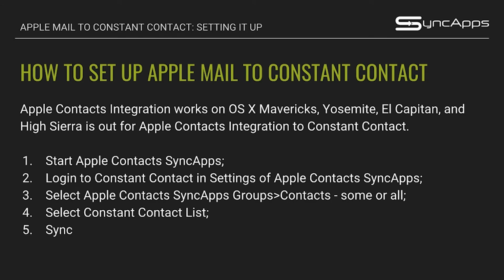So, how can you easily set up your Apple Mail to Constant Contact? Our Apple Contacts integration works on OS X Mavericks, Yosemite, El Capitan, and High Sierra, which is out for Apple Contacts integration to Constant Contact. Setting it up is actually super easy. You only need 5 super easy steps, or even 4.